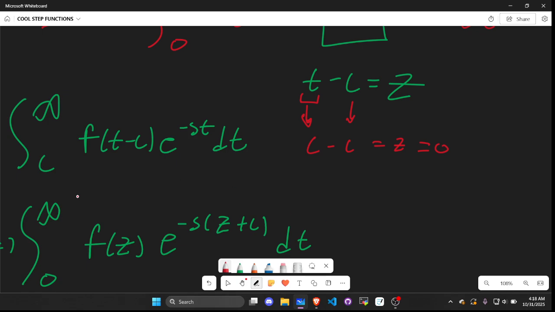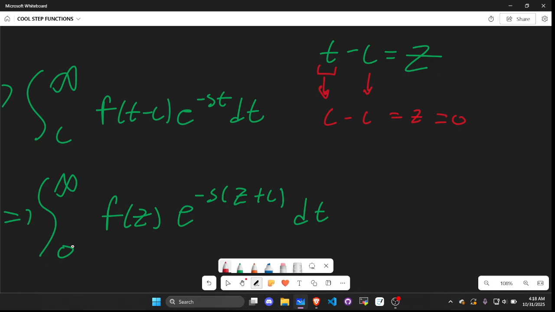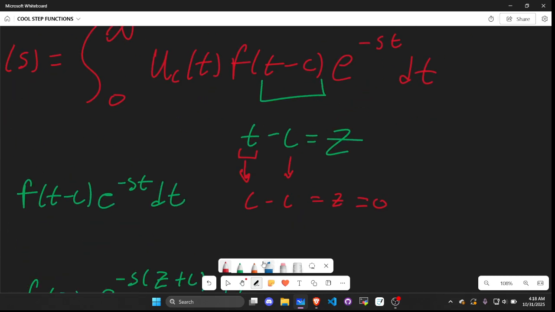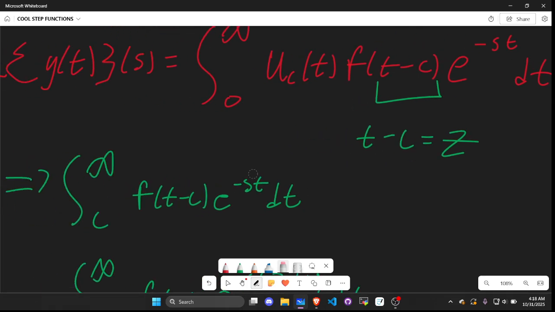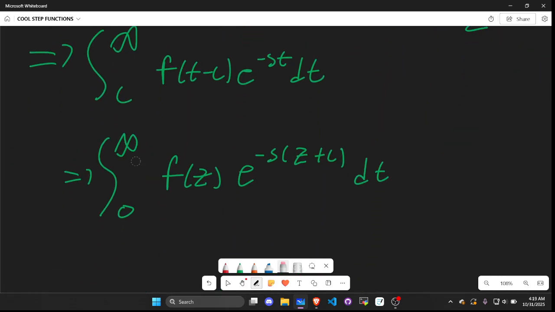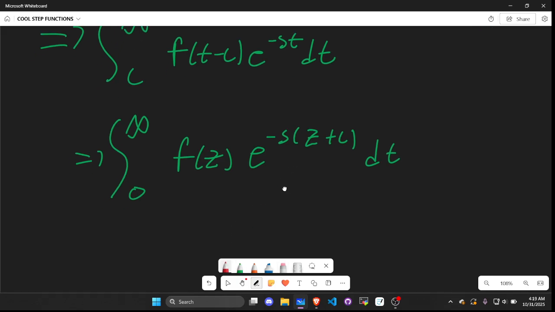So now, if we're integrating from c, c will become our new base value, which ends up being 0. So it's kind of funny, right? This is also why I skipped it earlier, because you basically get rid of the Heaviside function and then get rid of it again. So it almost becomes a non-issue in a strange way.